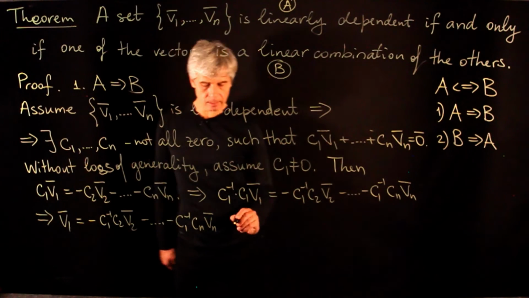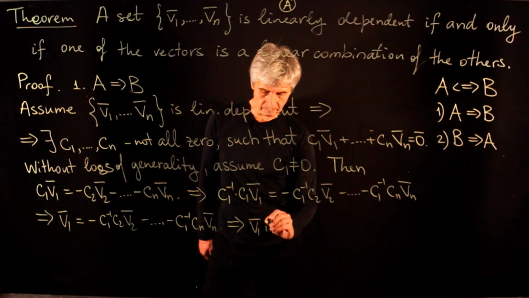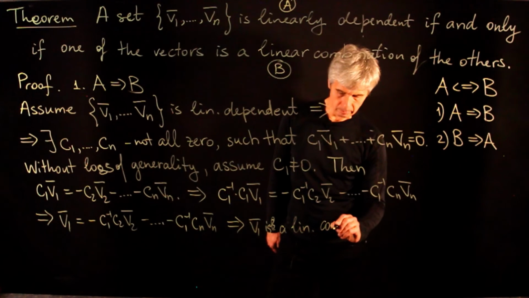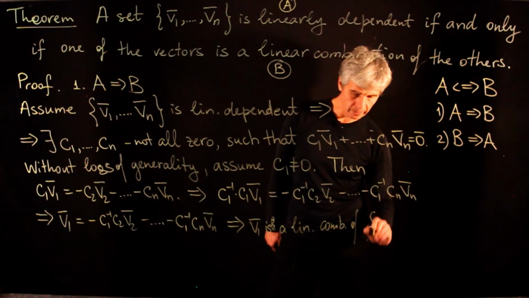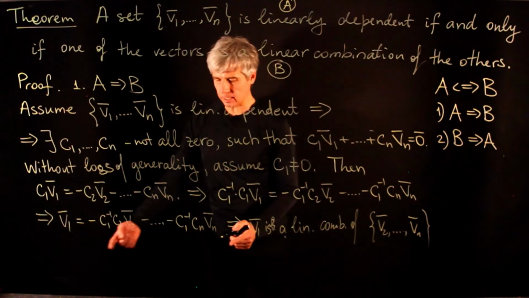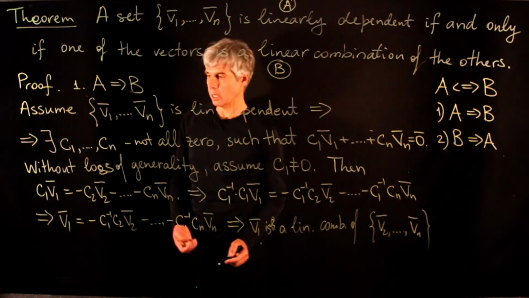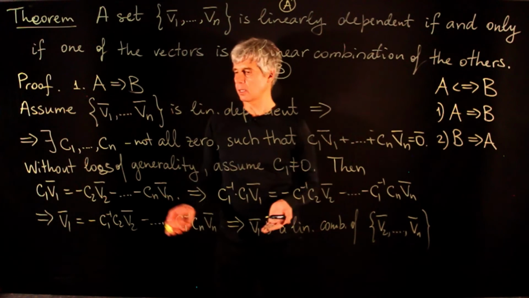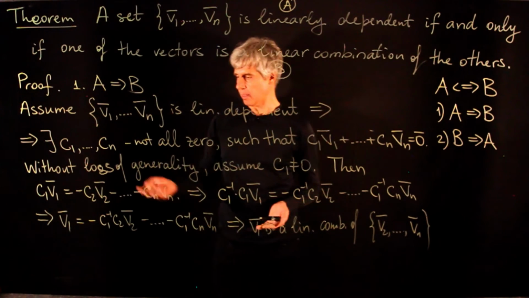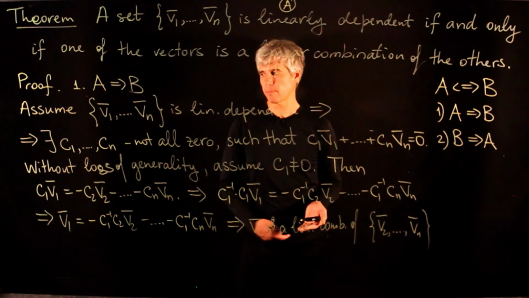What this means is that V1 is a linear combination of the remaining vectors from V2 to Vn, because the right-hand side is a linear combination of the remaining vectors. So what we proved here is that if this set is linearly dependent, then we can express one of the vectors as a linear combination of the others.